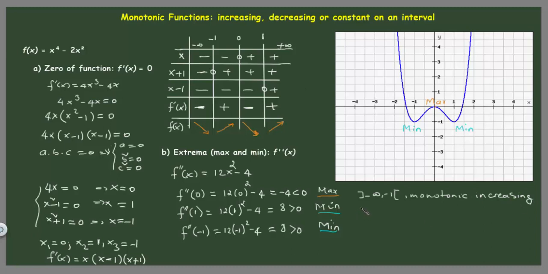In the interval from minus 1 to 0, the function is monotonic increasing. In the interval from 0 to 1, the function is monotonic decreasing again.